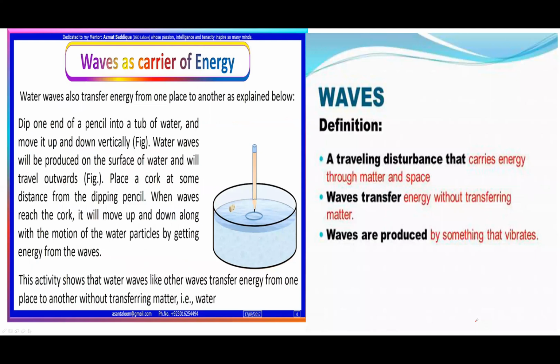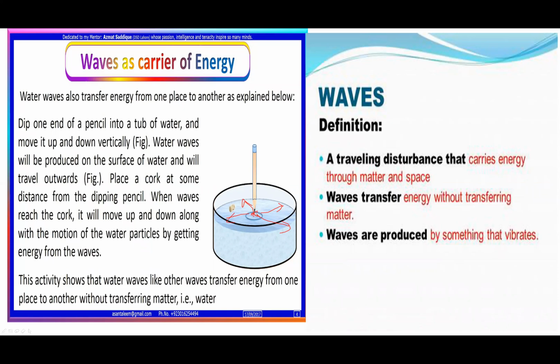Take a tub full of water, and create a disturbance at the midpoint. It will be transported to the edges. So the disturbance is created at the midpoint and transferred to the edge.